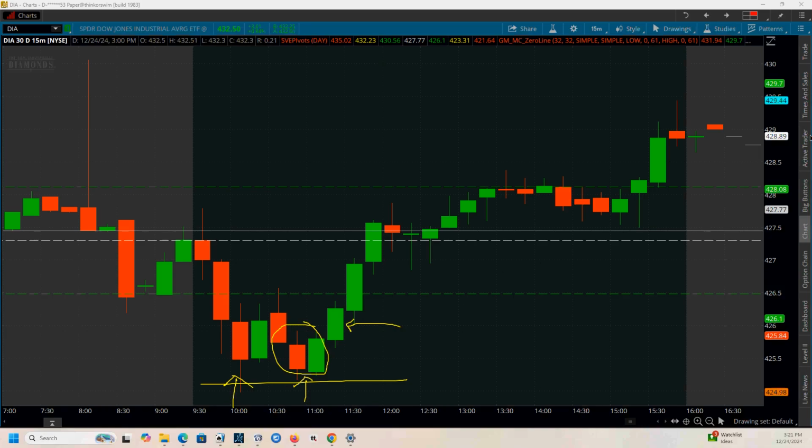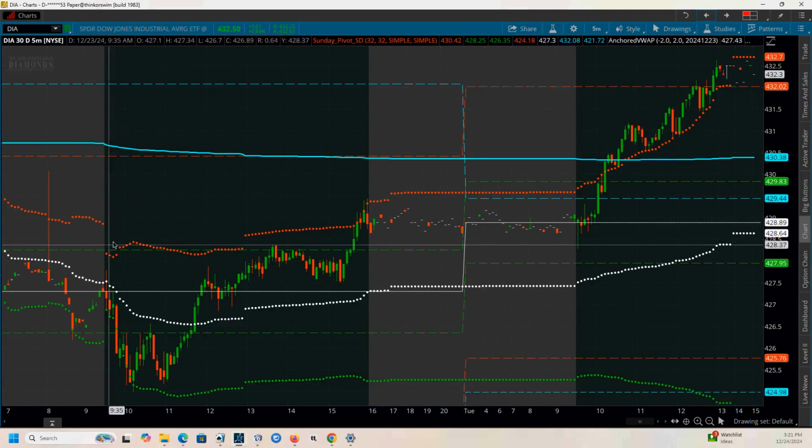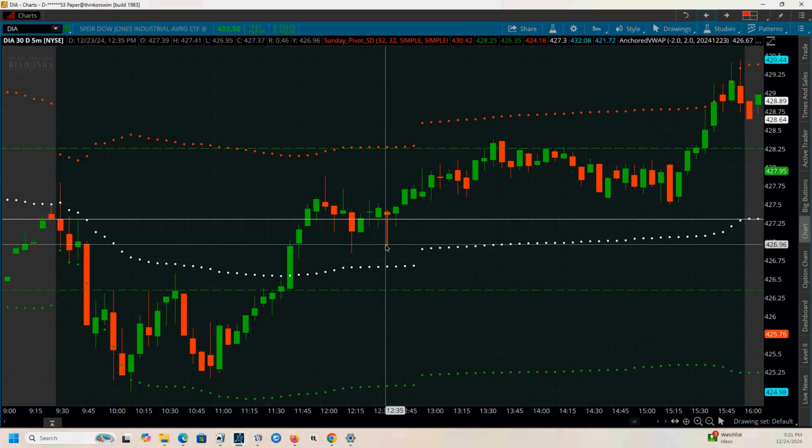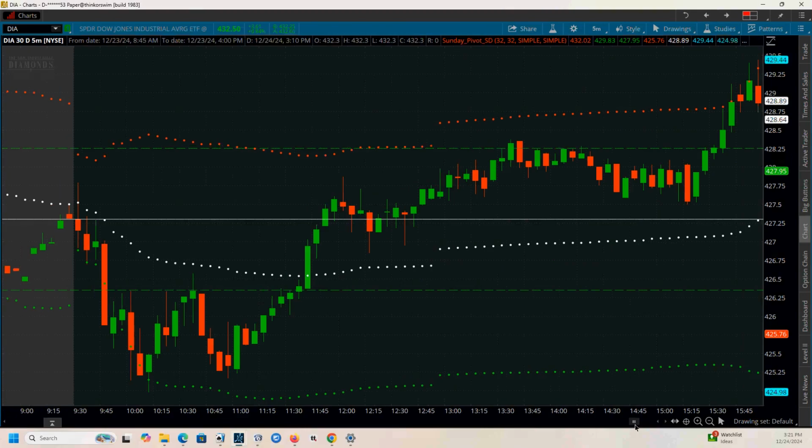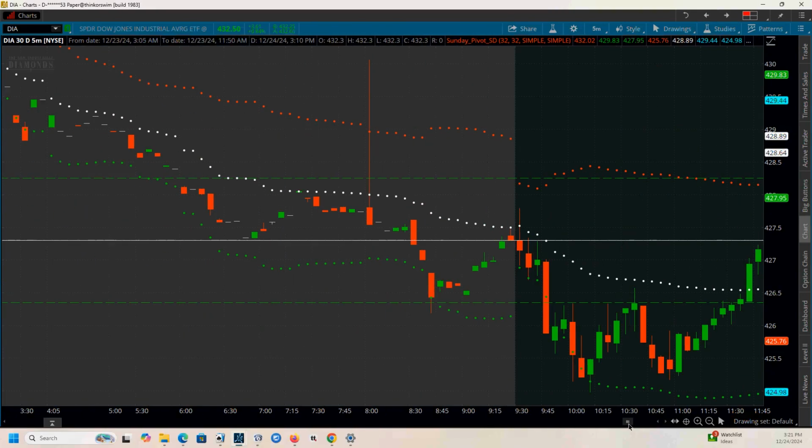But let's take a quick look at it on the lower time frame and see what we see there. You can see on that entry time frame how it was developing. So let's go back to this day, guys, and I'm going to slide it over just a little bit to here. On this chart I have the VWAP lines.